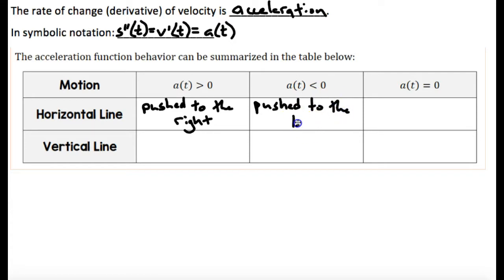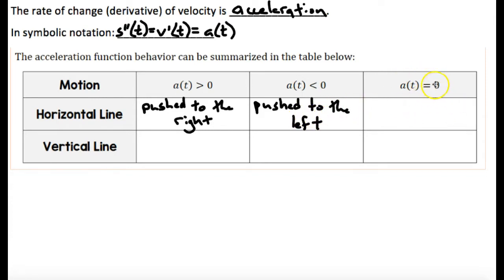Now, that doesn't necessarily mean that if acceleration is positive, it's moving to the right. It could be moving to the left, but the force that's acting on it is pushing it to the right. Similarly here, being pushed to the left doesn't mean it's moving to the left. That just means that the force that's acting on it is trying to push it to the left.